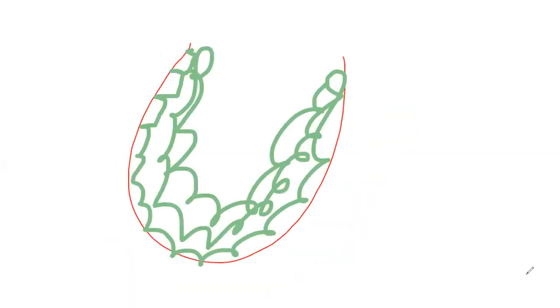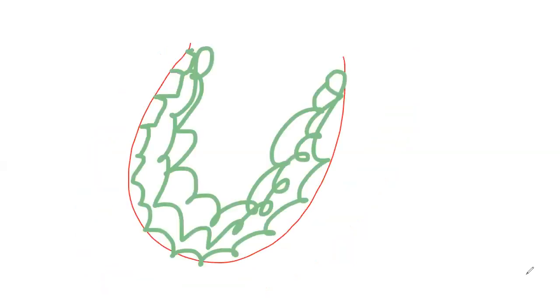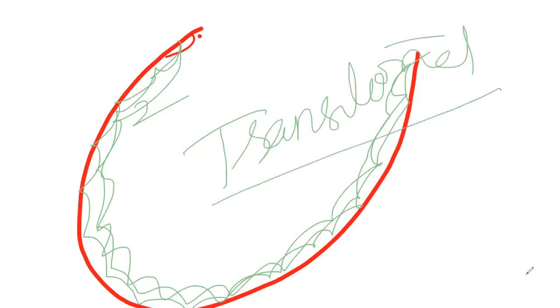This is the urinary bladder without urine. This is the urinary bladder stretched. If you imagine there are 4 rows of cells here, here also 4 rows of cells are present, but it seems transitional. What is transitional? Which can change. That's why we call it transitional epithelium.